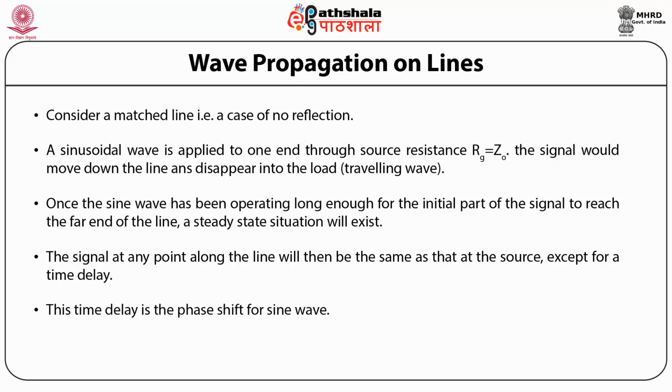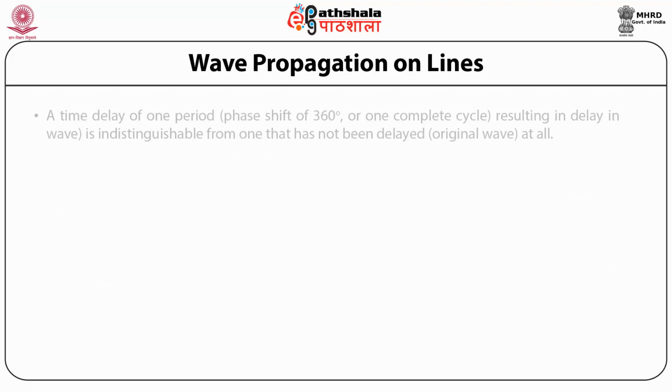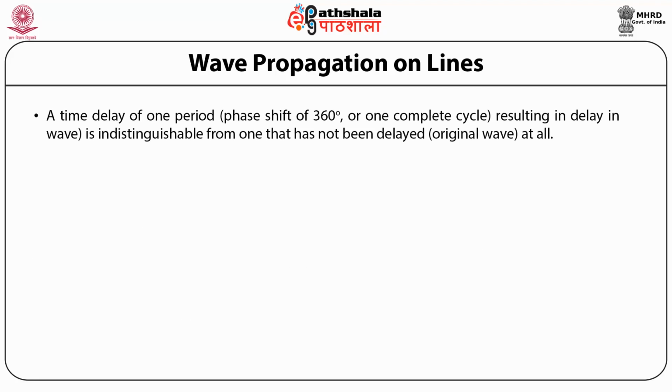This time delay is the phase shift for a sine wave. A time delay of one period, that is, a phase shift of 360 degrees or one complete cycle, results in a wave indistinguishable from one that has not been delayed at all.